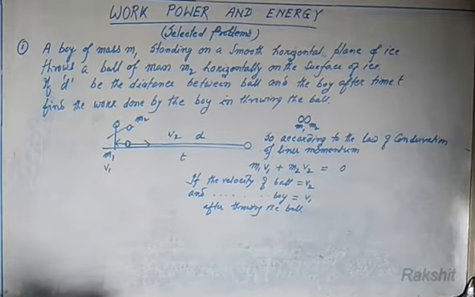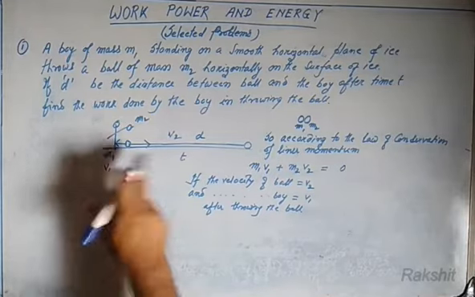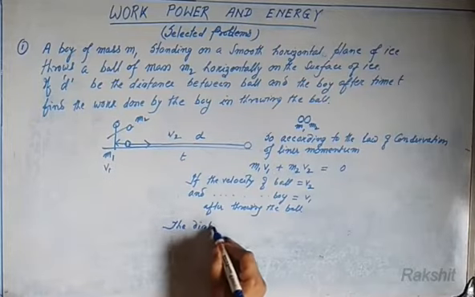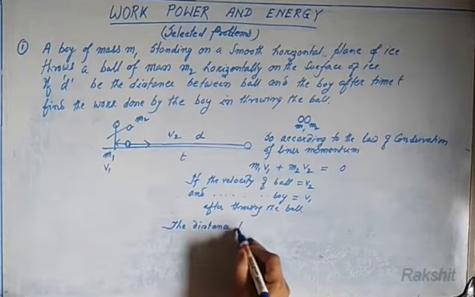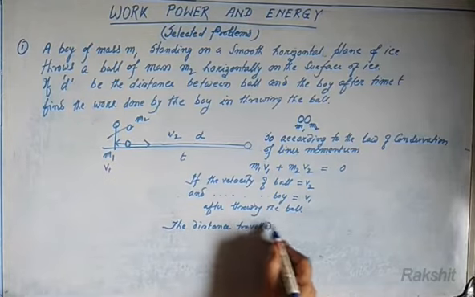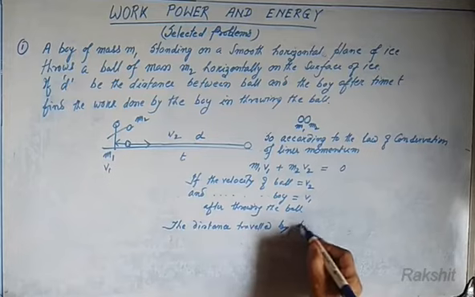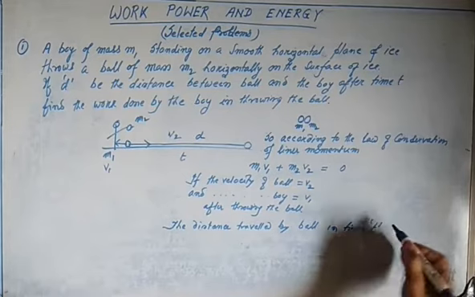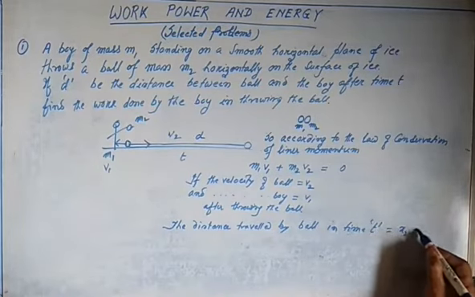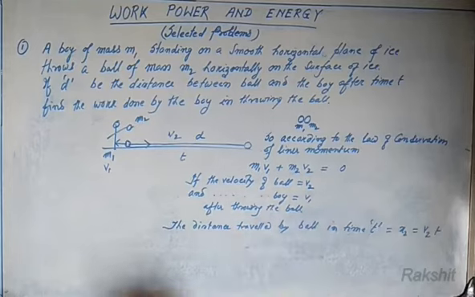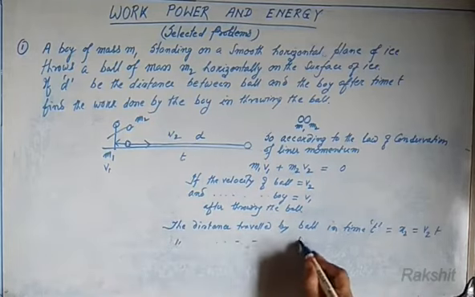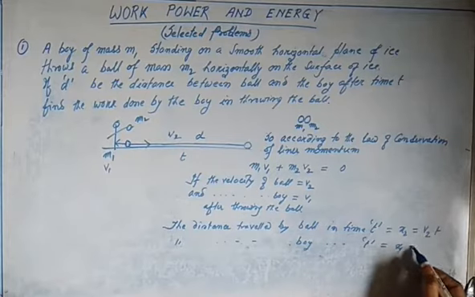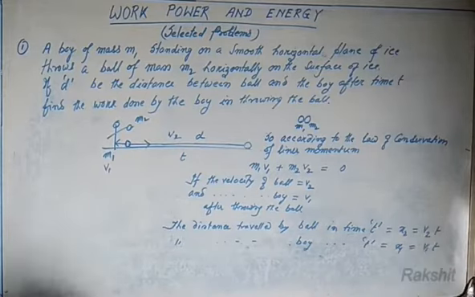The distance traveled by the ball in time t is x2, equal to v2 into t, and the distance traveled by the boy in time t is x1, equal to v1 into t.